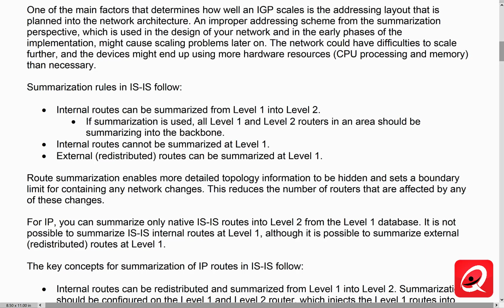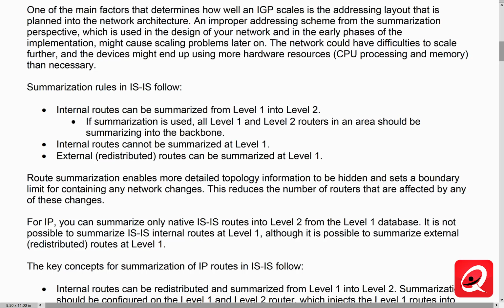If summarization is being used, all level 1 and level 2 routers in the area must be summarizing into the backbone. If one of them is advertising more specific routes, all the traffic from the backbone is going to get sent towards that router because of longest match routing.